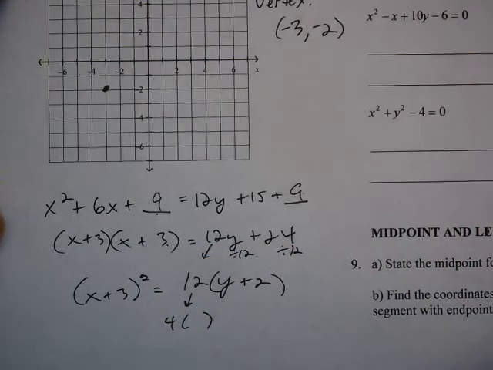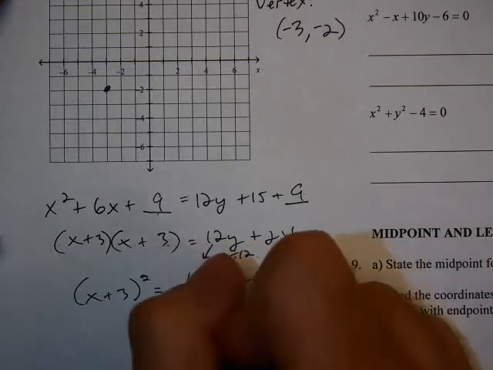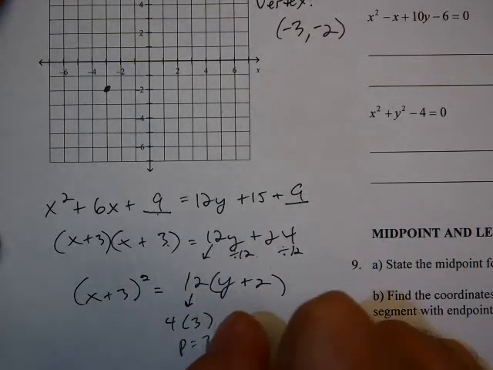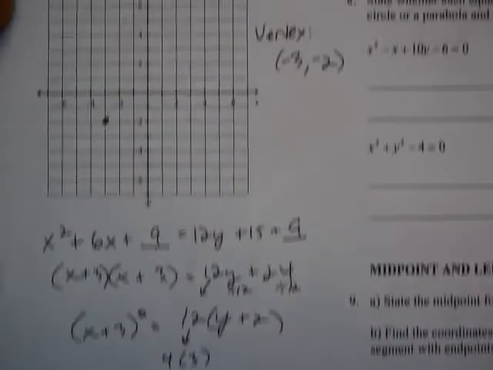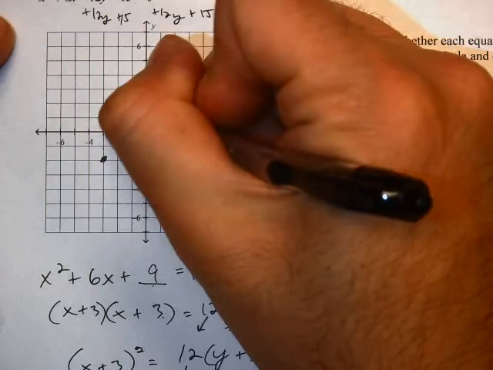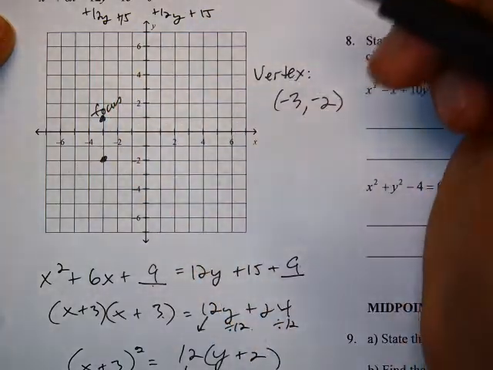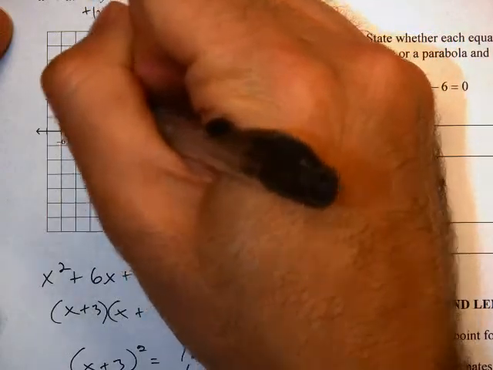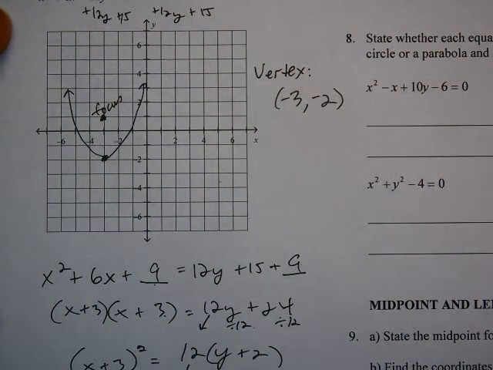The questions have been written so that they should work out nicely. This one is nice because 4 times 3 gives you the 12, which means our p-value is positive 3. So from this vertex, we go up 1, 2, 3. There's our focus point, which means our parabola, when we sketch it, will go up around that focus point.